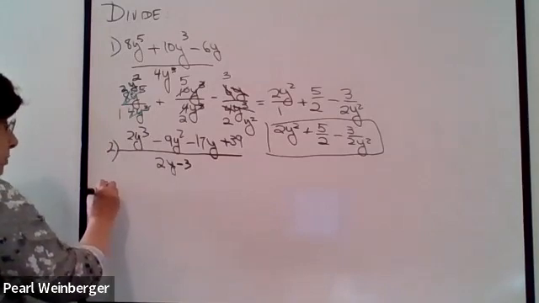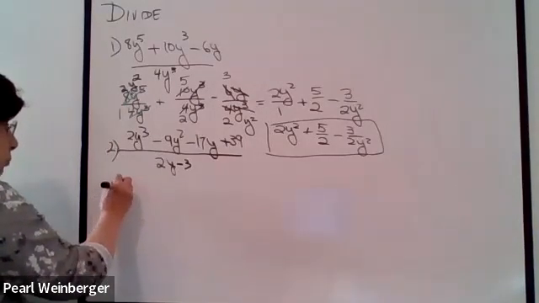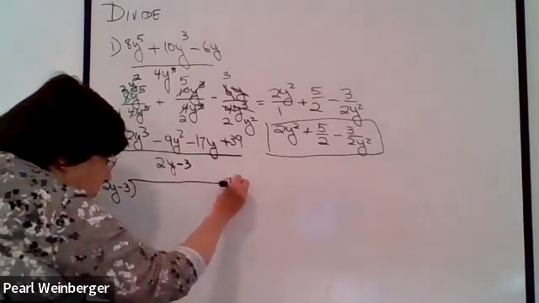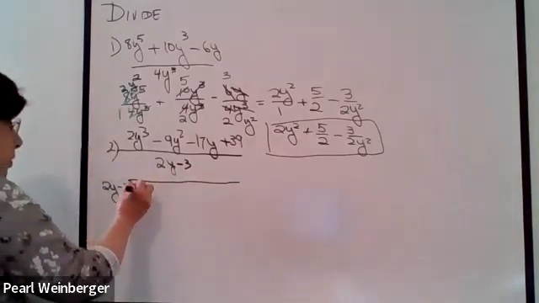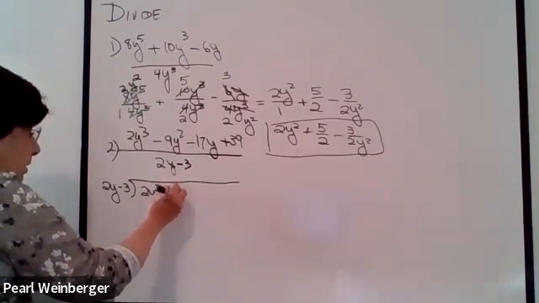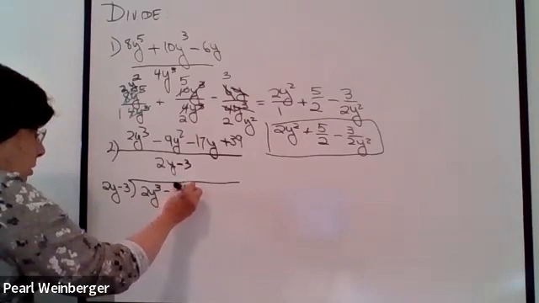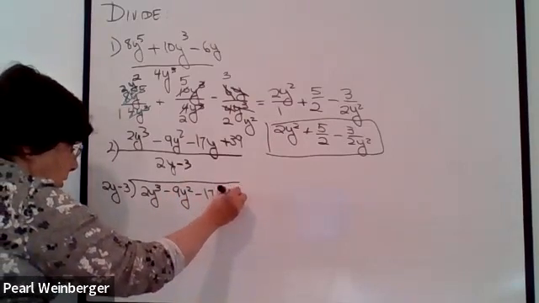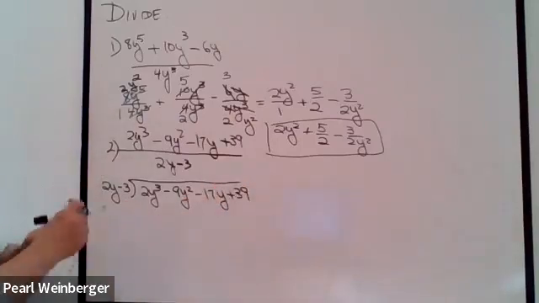We rewrite this with a 2y minus 3 on the outside, write our division sign, and we put the 2y to the third minus 9y squared minus 17y plus 39 on the inside.